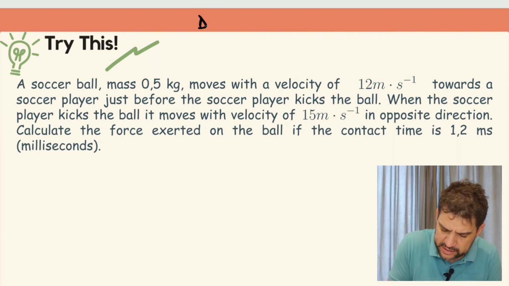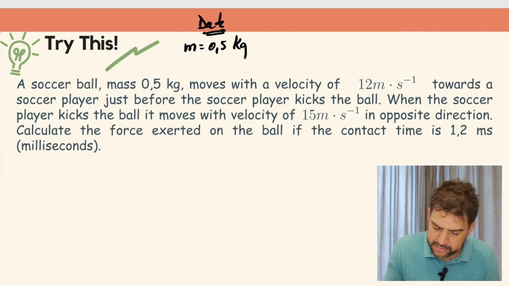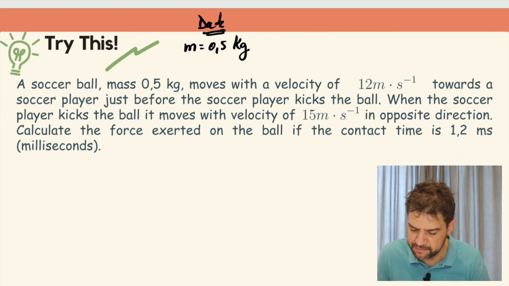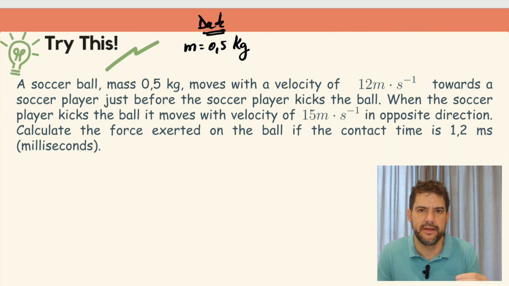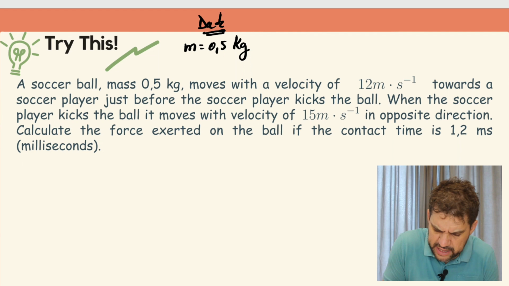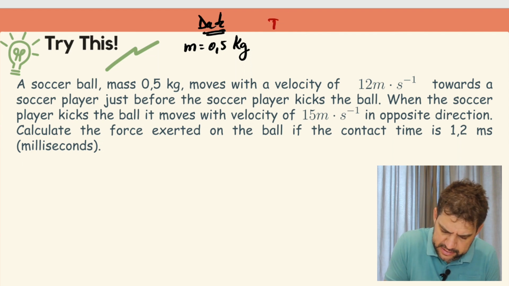So we're going to say data, and then they say a soccer ball of mass 0.5 kilograms. So the mass of that ball is 0.5 kilograms, moving with a velocity of 12 meters per second towards a soccer player. So now, before we even write the velocity, we're going to select direction. It means it's moving towards.